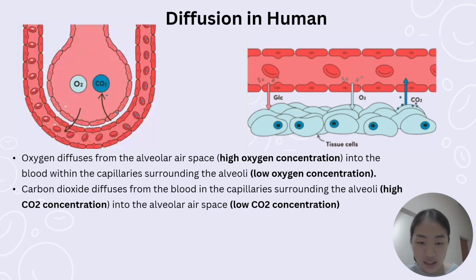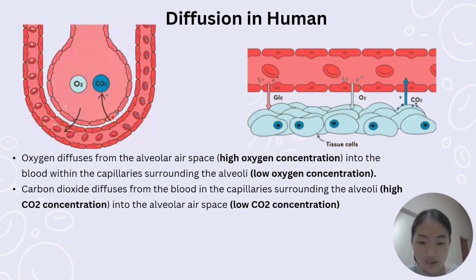So the oxygen is able to diffuse from the alveolar airspace, with a very high oxygen concentration, into the blood capillaries surrounding the alveolus wall, with a very low oxygen concentration.